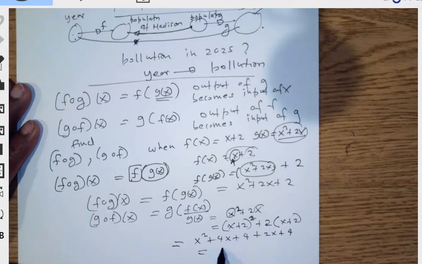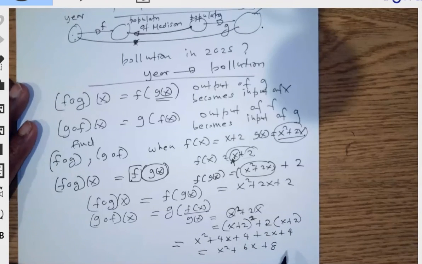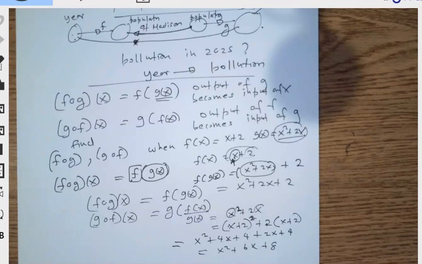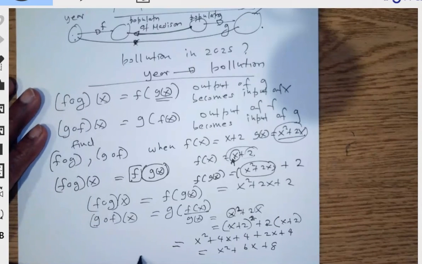So you get x squared plus 4x plus 2x is 6x, plus 8. So x squared plus 6x plus 8, and that is your g circle f of x.